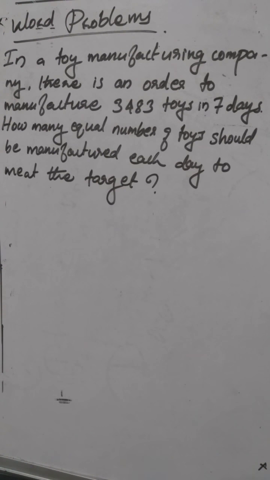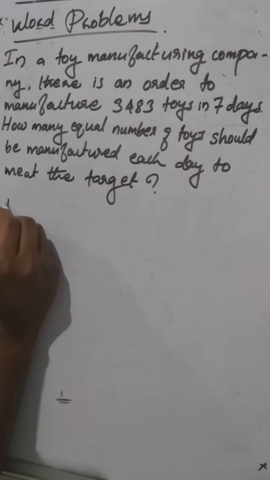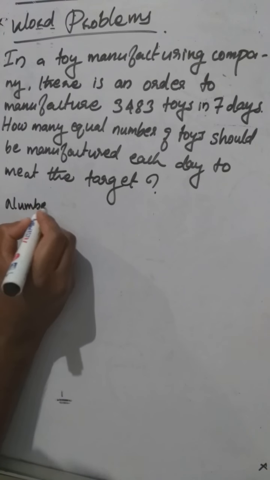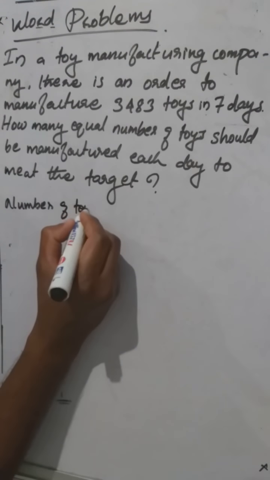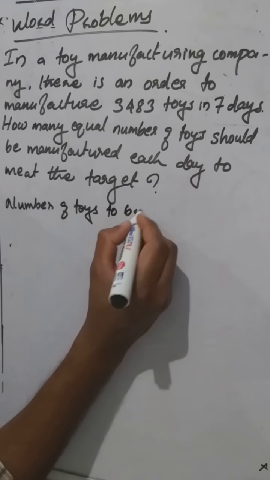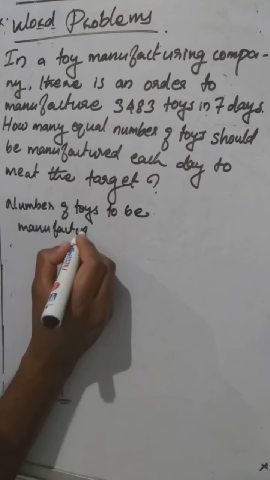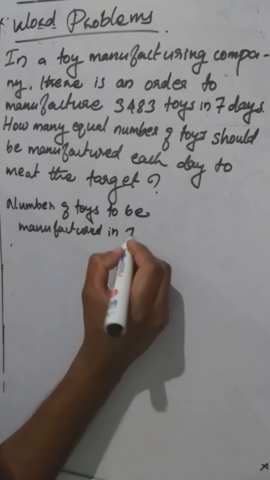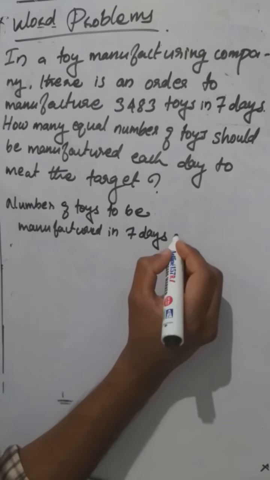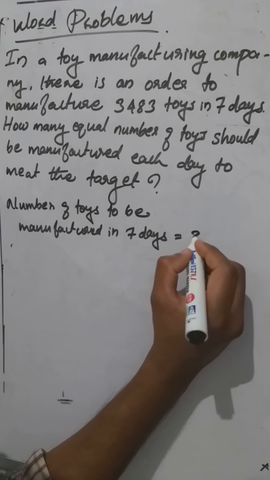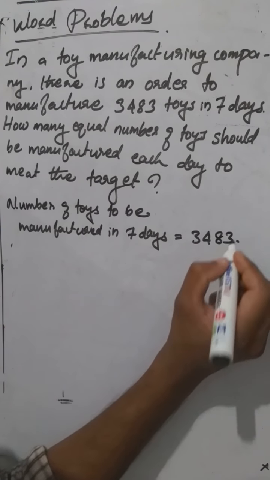First of all, we have to write the steps. What is the first step? Number of toys to be manufactured in 7 days, that is 3,483.